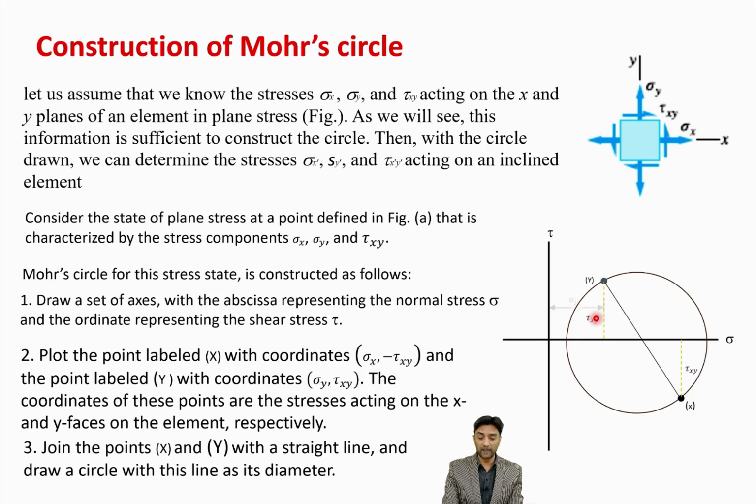Okay. And then this is sigma y, and this x distance will be sigma x. This is sigma x, and the center would be the sigma average. There would be no value of b, because it is on the x-axis, and the center would always cross this x-axis in the case of a Mohr circle.